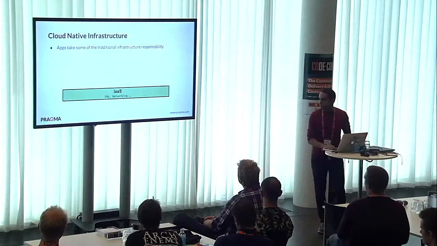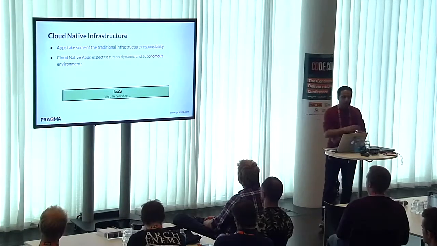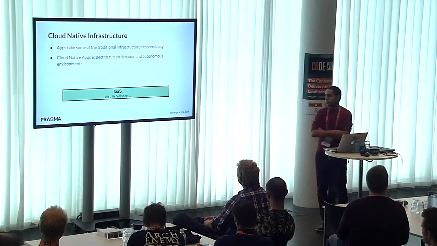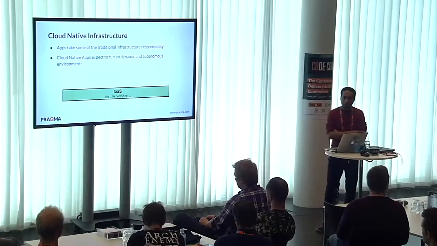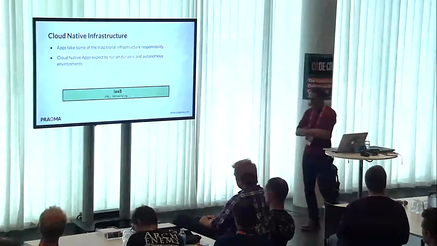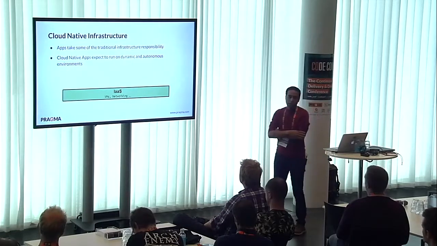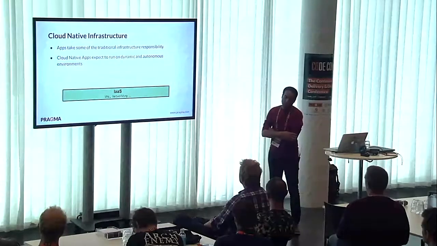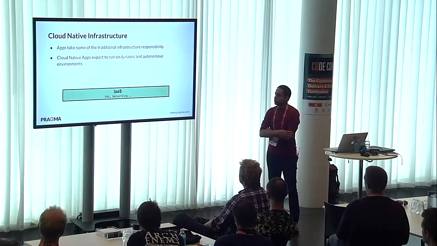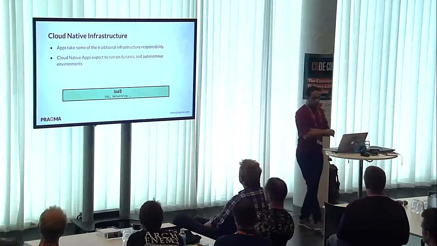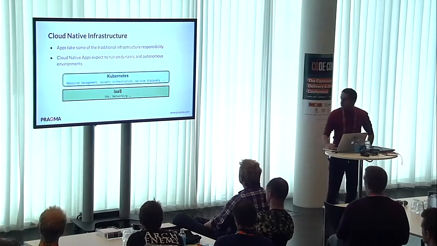And with this, cloud-native applications actually expect to run on a dynamic and autonomous environment. And autonomous environments usually can take decisions by themselves, can take corrective decisions by themselves in many cases. And for this reason, we have things like Kubernetes, which comes as a platform on top of infrastructure as a service.